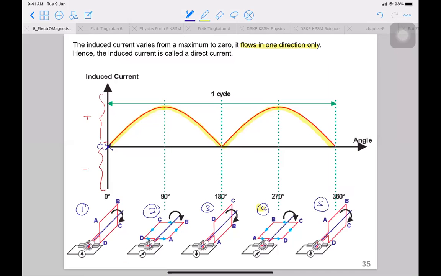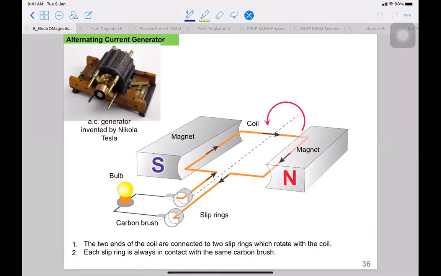Number 4, number 5. Okay, now let's look at the AC generator. The difference between AC and DC generator is that the AC generator doesn't have split rings.